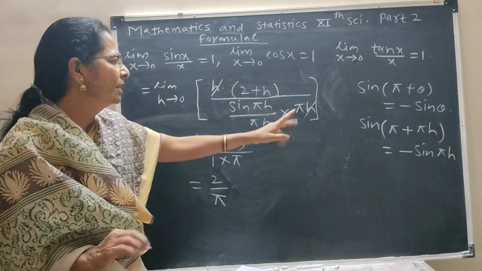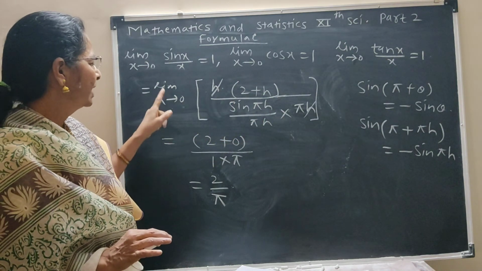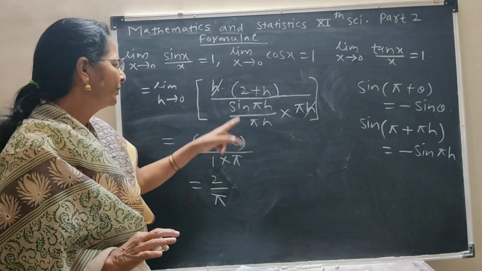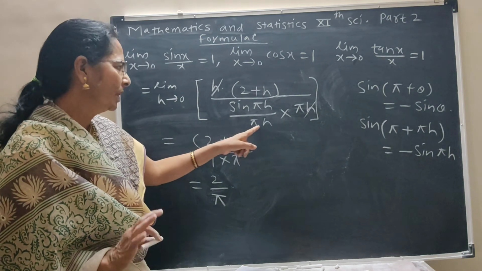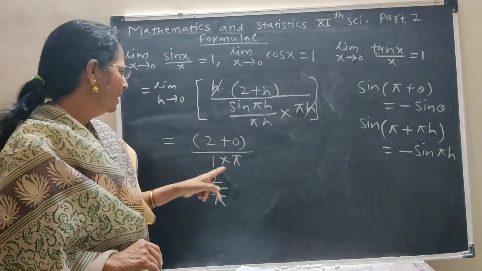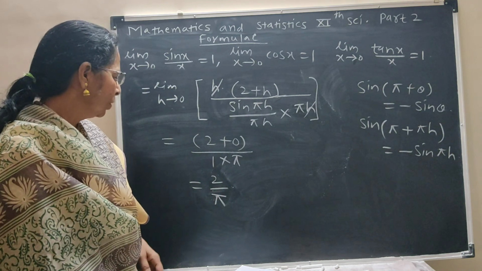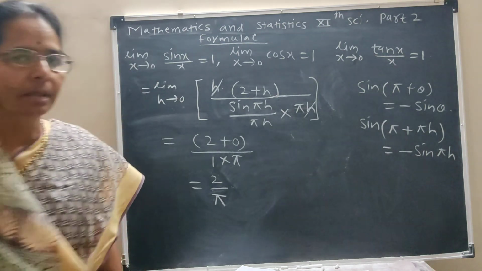The term from numerator and denominator gets cancelled, so put the value of h as 0. So 2, and h tends to 0, sin pi h upon pi h is 1, and then pi at the denominator. Finally 2 upon pi is the answer. 2 upon pi is the correct answer.